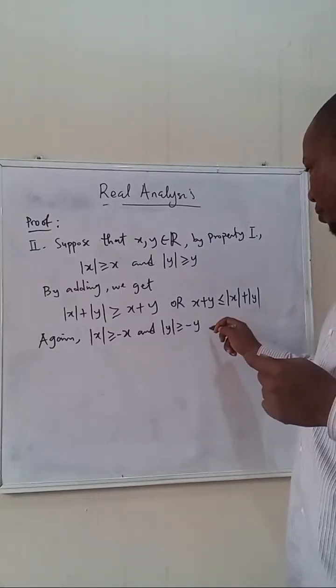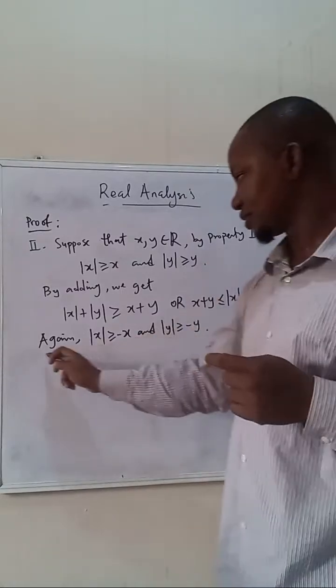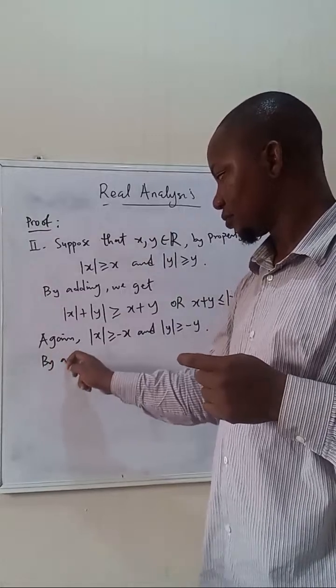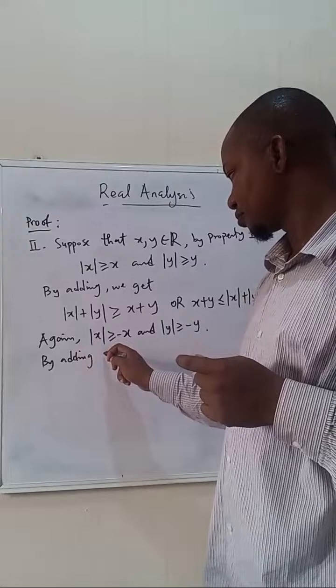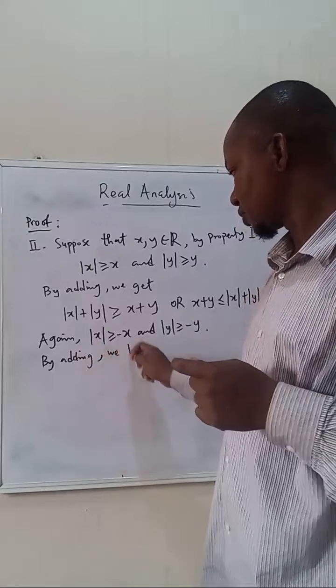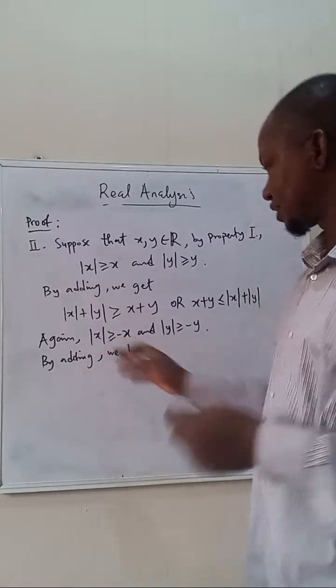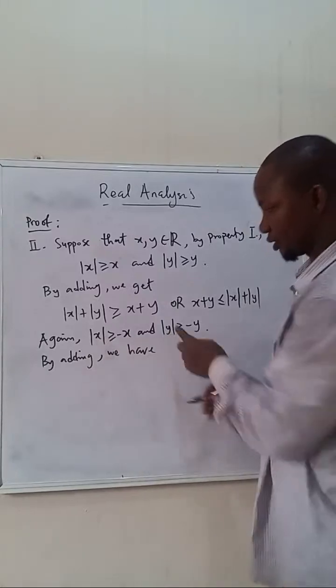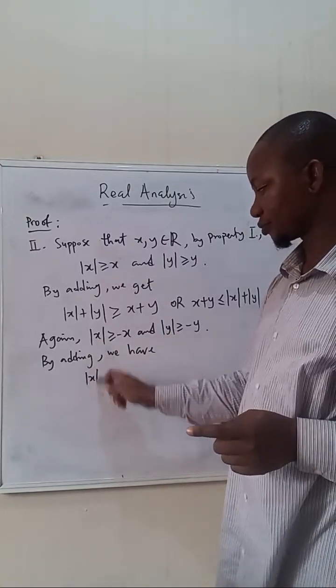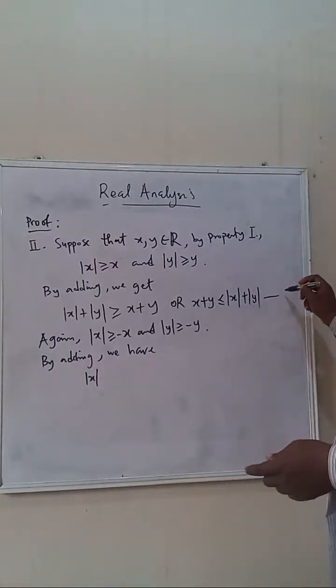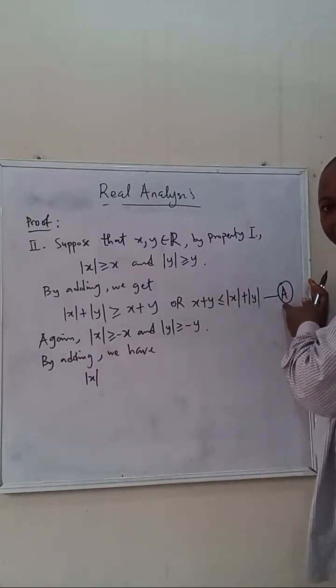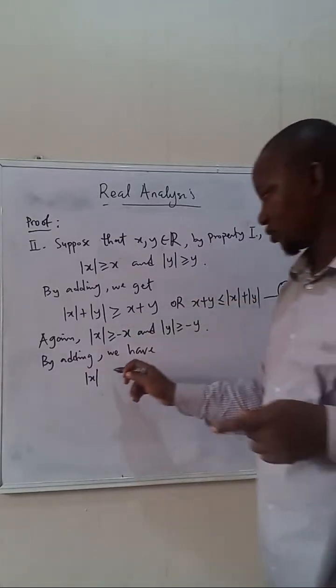Okay, again, if we add this again, by adding this, this is what we have. So we add these two again. We get, so I'm labeling this now to be A. What we have here, I'm labeling it as A. Okay.